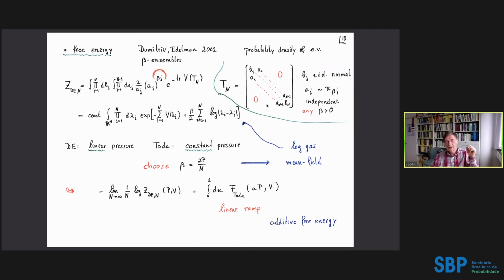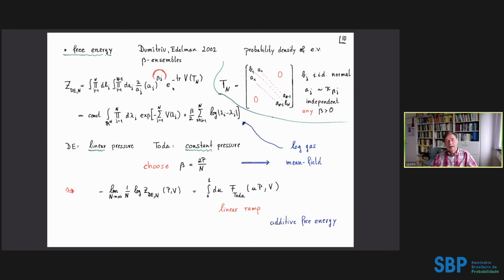and T is sitting over here. So you see that when I look at this matrix and the a priori measure, if I put this exponential weight here, the off-diagonal elements are really quite distributed.